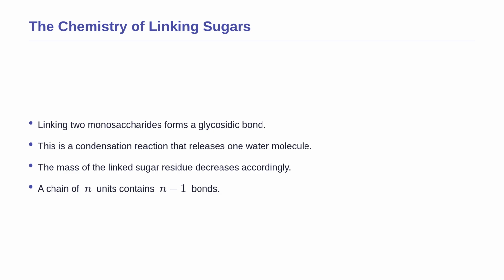Consequently, the effective mass of each sugar residue inside the chain is its original mass minus the mass of that lost water. It is also crucial to remember that a chain made of N units will only have N minus 1 bonds, meaning the very ends of the chain do not lose that final water molecule.